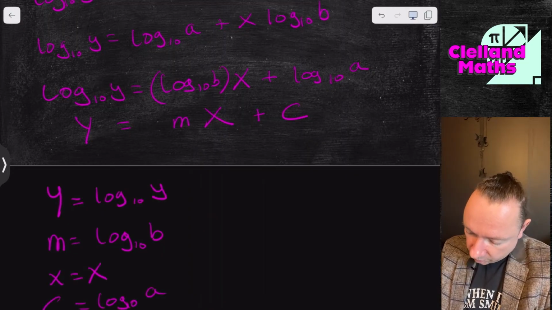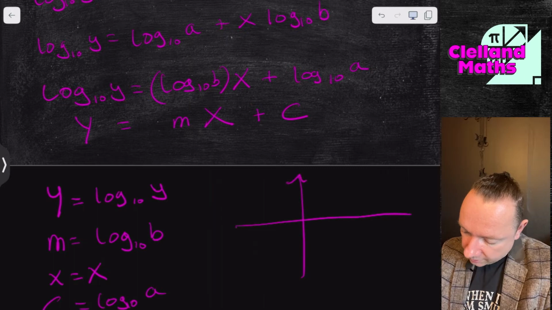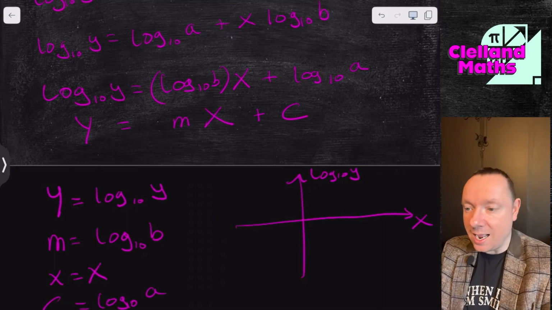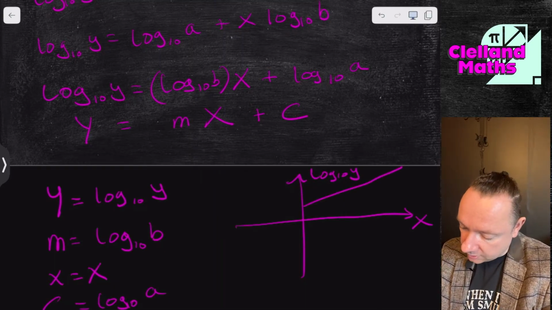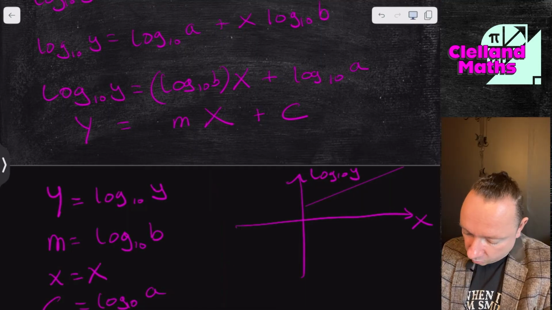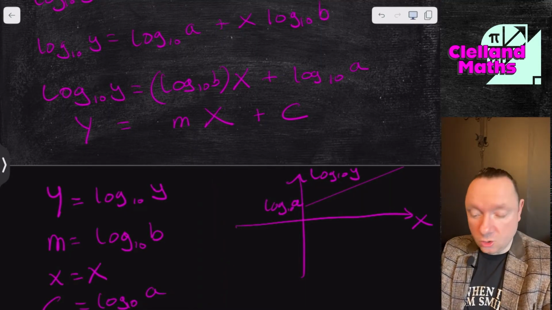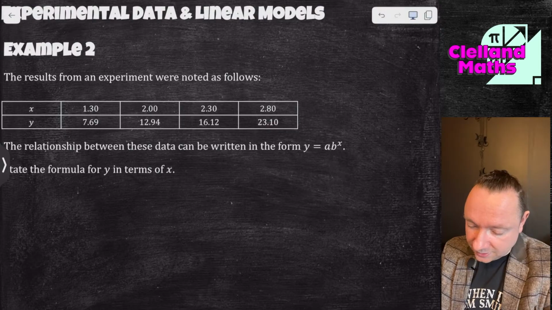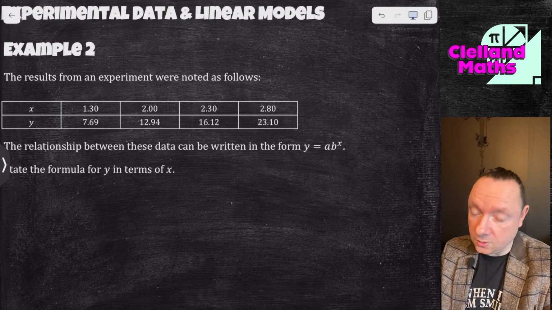What we're talking about here is a graph where the x-axis is still x, but the y-axis is logarithmic. So when x is in the power, that's what happens. And then it still cuts at some point on c at log base 10 a. But again, I wouldn't worry about that because I would just do it like this every single time and you get there anyway. So let's look at an example like that. The results of an experiment are shown below, but this time it tells us in terms of x and y, not log x and log y.